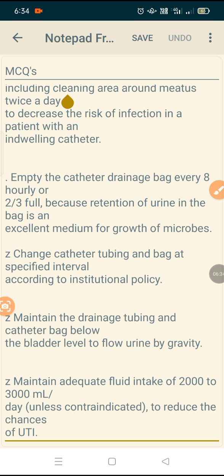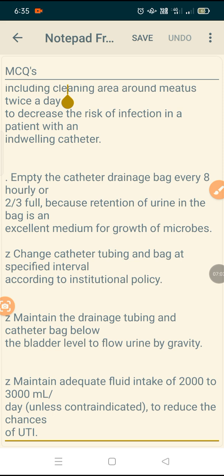Maintain adequate intake of 2000 to 3000 ml per day unless contraindicated. So we need to encourage the patient to drink 2000 to 3000 ml of water daily. It will help to decrease urinary tract infection. If the patients have COPD or are renal patients, only 1 liter per day, like that, some restrictions will be there for some types of diseases.